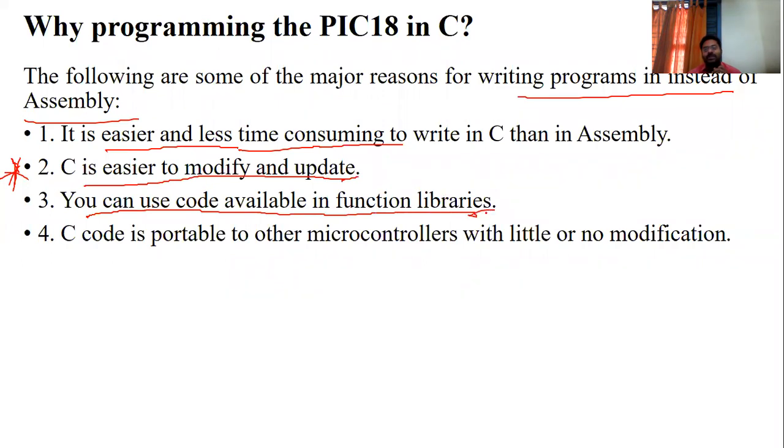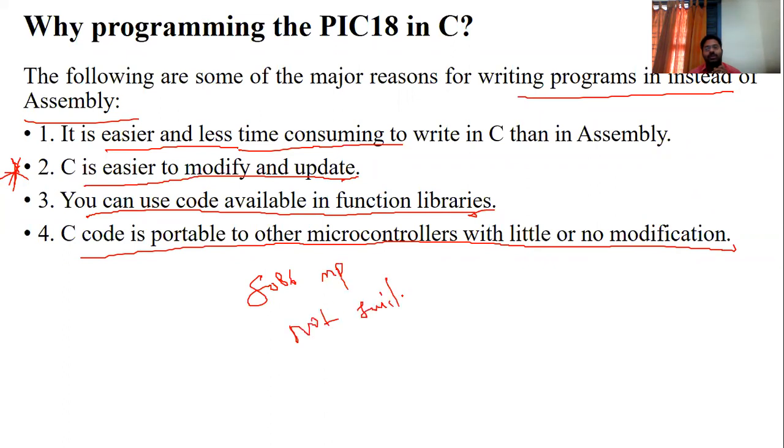C code is portable to other microcontrollers, with little or no modification. But see this, 8086 microprocessor assembly language programming is not suitable for the 8051 microcontroller, nor for PIC 18.